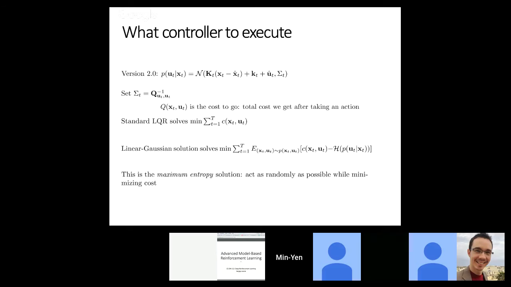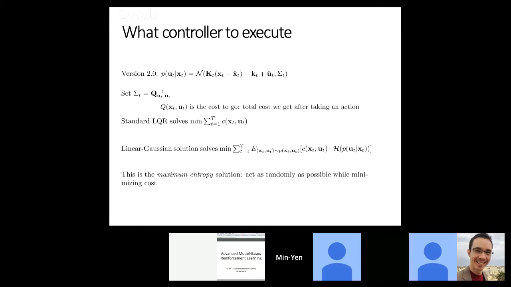So which controller to execute? Actually, the lecturer provided version 0.5 and version 1.0, but I just came all the way to the last one, and it's a controller where you cannot do it deterministically. Just now we explained you cannot do this deterministically. You need to add a bit of Gaussian noise, and why we choose this Gaussian noise to be the inverse of QUU is that QUU stands for the cost to go.